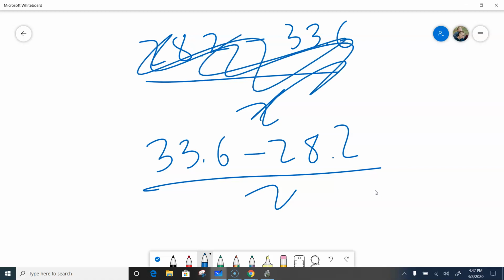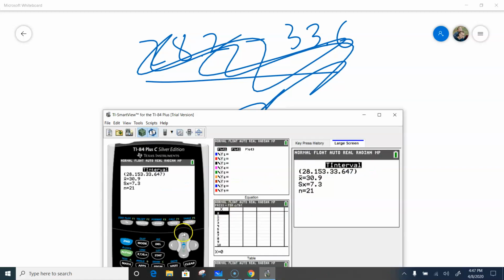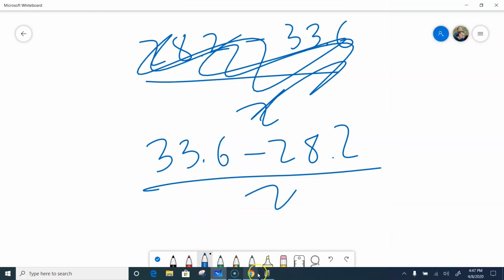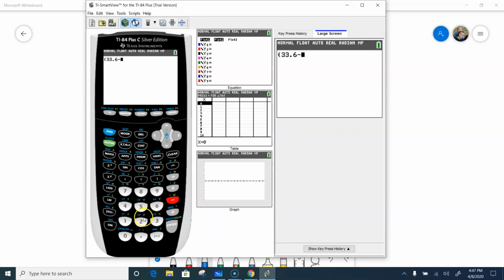So I'm going to do 33.6 minus 28.2 and divide by 2. So that'll be my margin of error, 2.7.